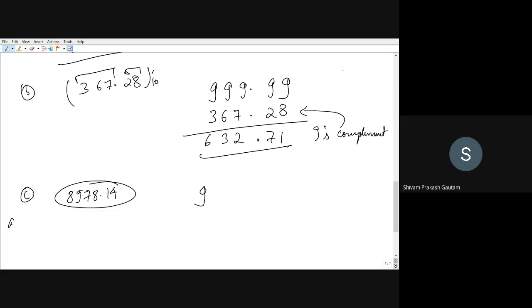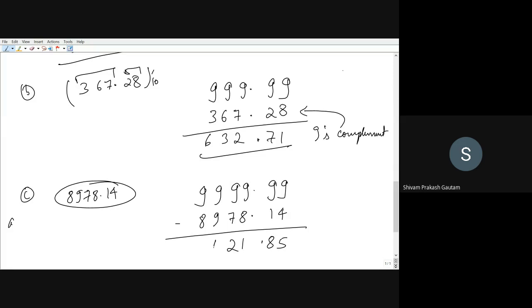So the maximum number that can be formed from this is 9999.99. You have to subtract this from it. So this will come out to be 5812001. So this is the nines complement representation of this number. Is it clear? Yes, sir.